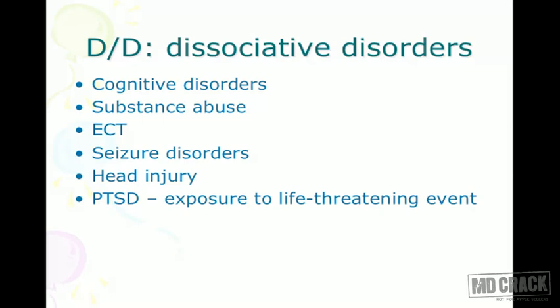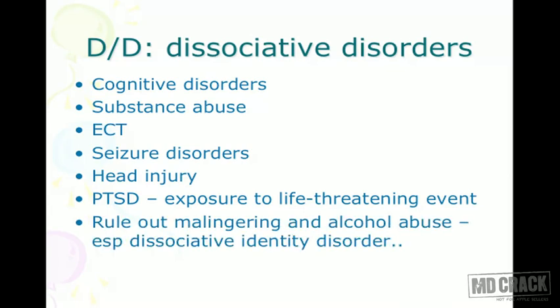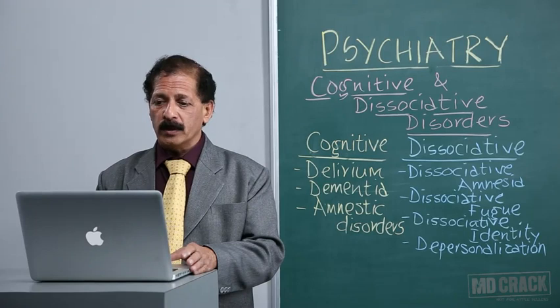As well as you need to differentiate from post-traumatic stress disorder, in which you must prove an exposure to a life-threatening event. And obviously, we need to rule out malingering and alcohol abuse, especially in dissociative identity disorder.